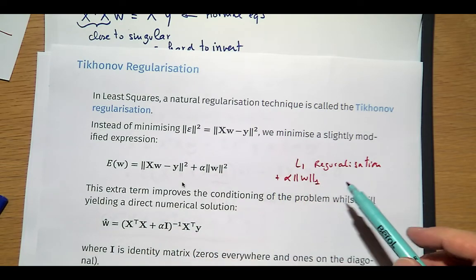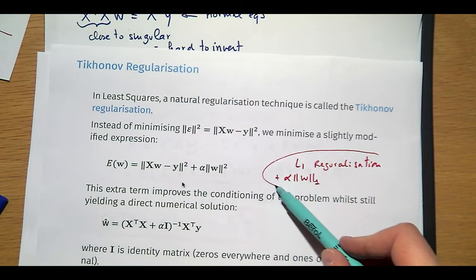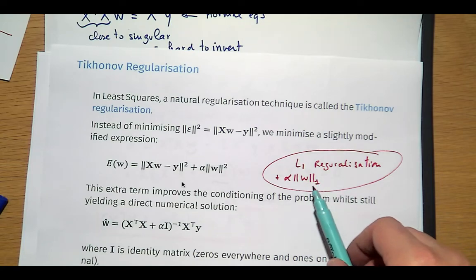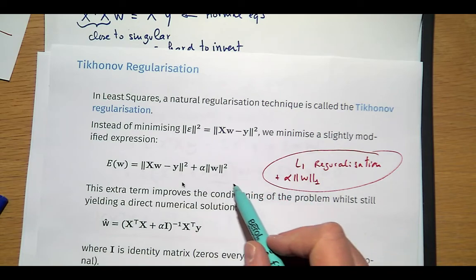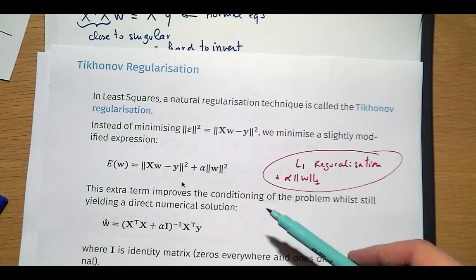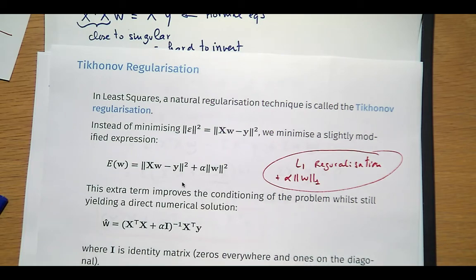Okay, this is maybe more interesting than the L2, but it's much harder mathematically to solve. So we're not going to go there and just say it exists. And sometimes you see people talk about L1 regularization, and that's what they mean. They just mean that instead of taking the sum of the squares of the values, they take the sum of the absolute values. Okay?